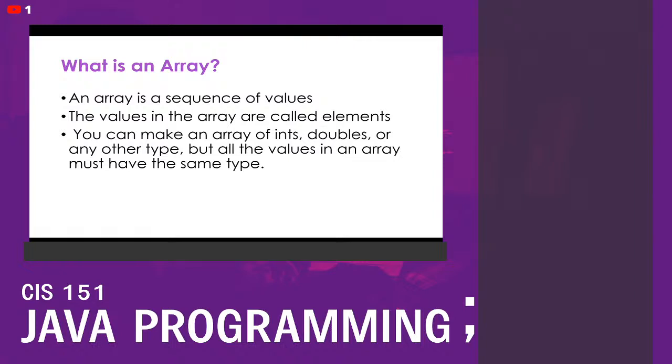But we can break this down a little bit and make it simpler and easier to understand. Because we can put an array in the same frame of reference as when we talked about variables earlier on in the semester. We said that a variable is essentially a container.